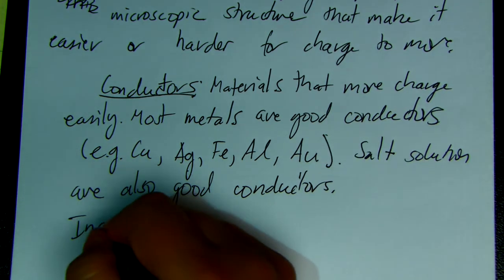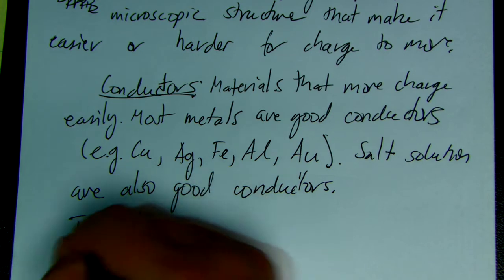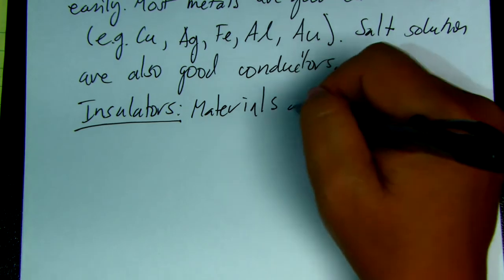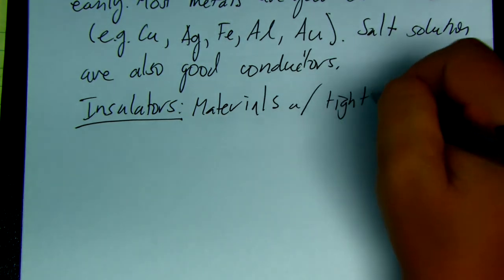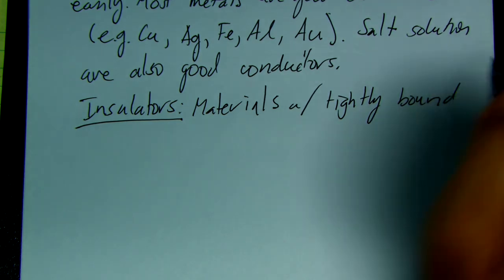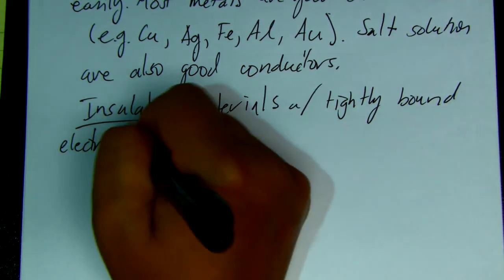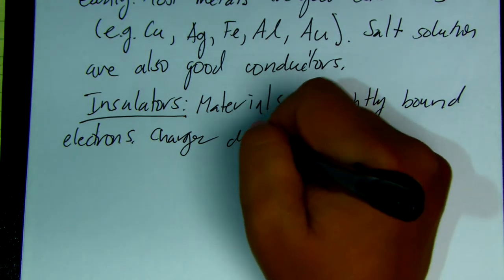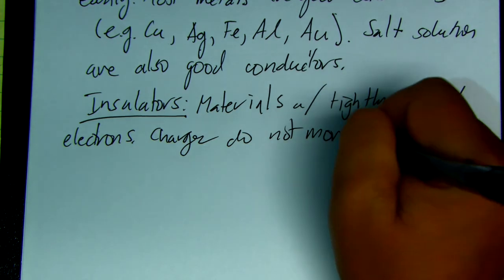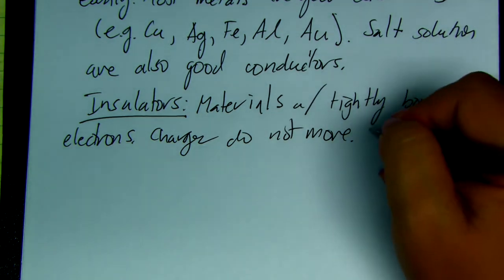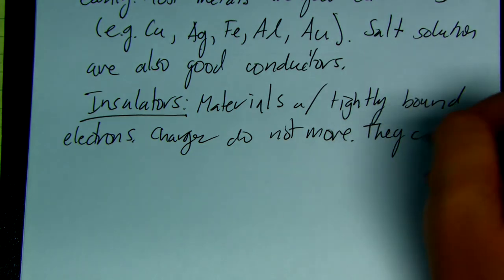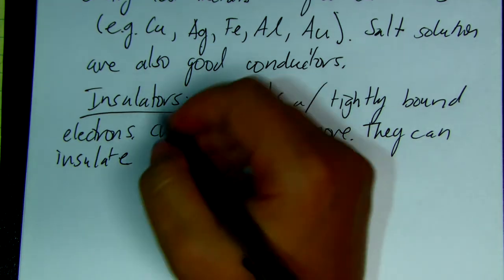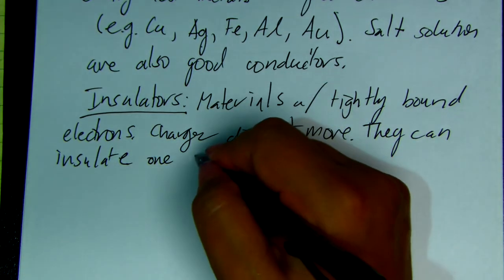And then you have insulators. These are materials with tightly bound electrons, and thus charges do not move. You can use them to insulate one charged object from another.